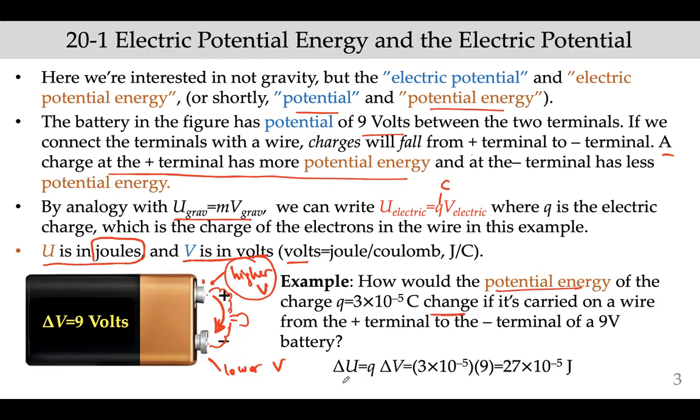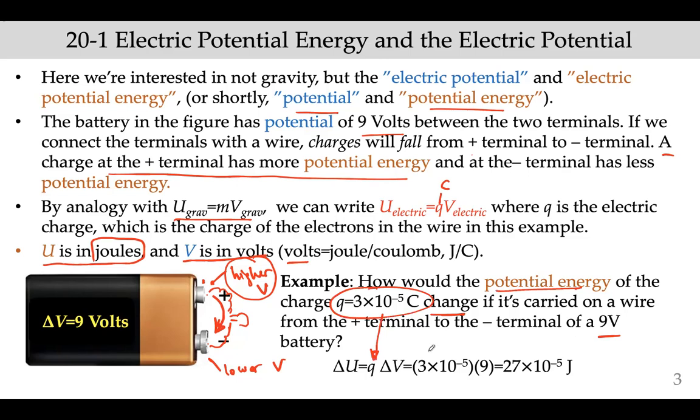So the change in potential energy will be Q times the change in potential between the terminals. This much charge goes from the positive to the negative, so that's our Q. And between the terminals of this battery, there's 9 volts of potential difference.